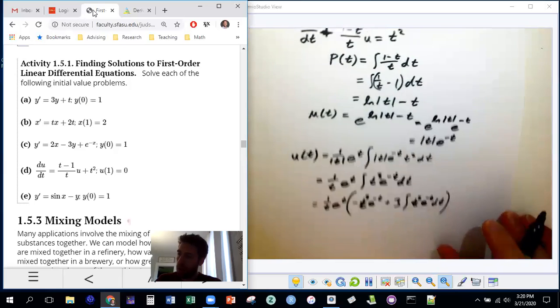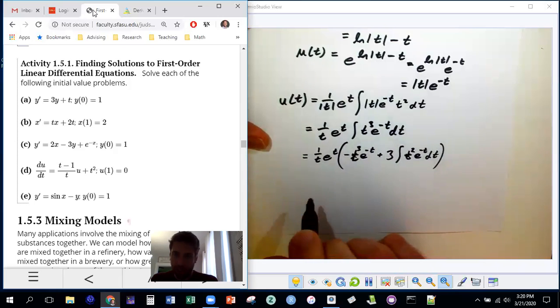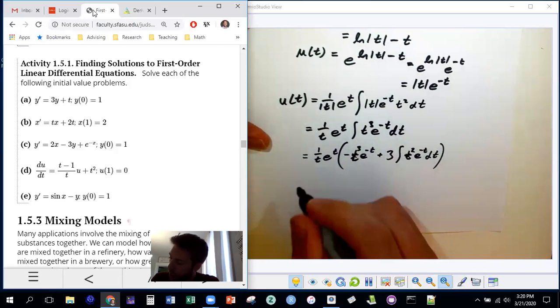Let's see if we'll make it to the end of the paper. I might have to switch to two pages here. All right.